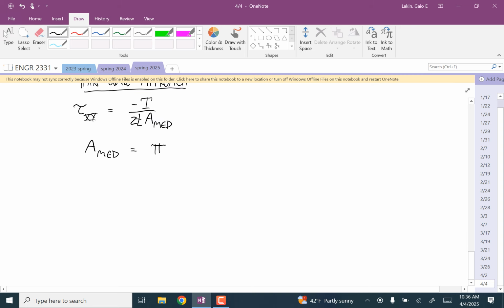So the area is pi times 0.0475 squared, and so that is 0.007088.